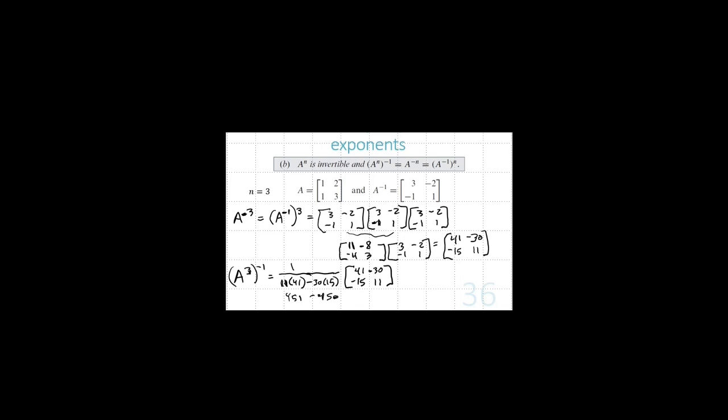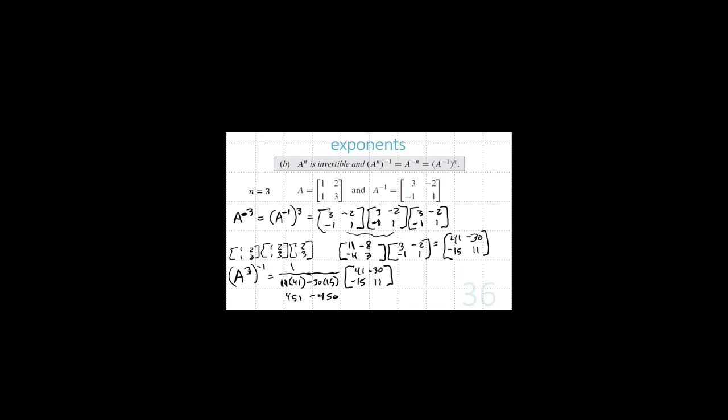A to the 3, that one would be, we've skipped some steps, so let me get them in here. If you did A to the 3 first, you'd have 1, 1, 2, 3 times 1, 1, 2, 3. So you get that matrix, and then you would take the inverse.